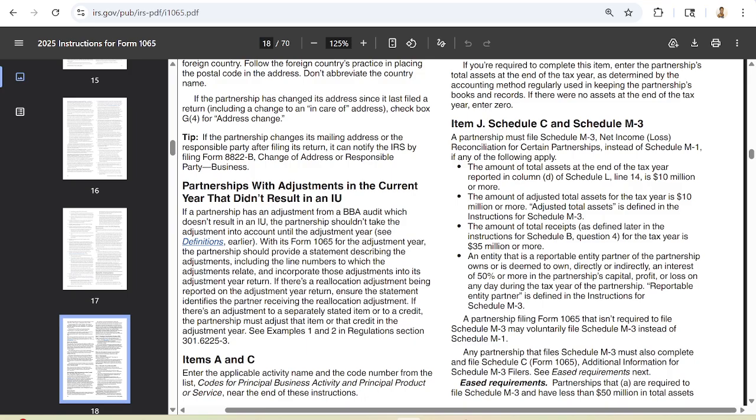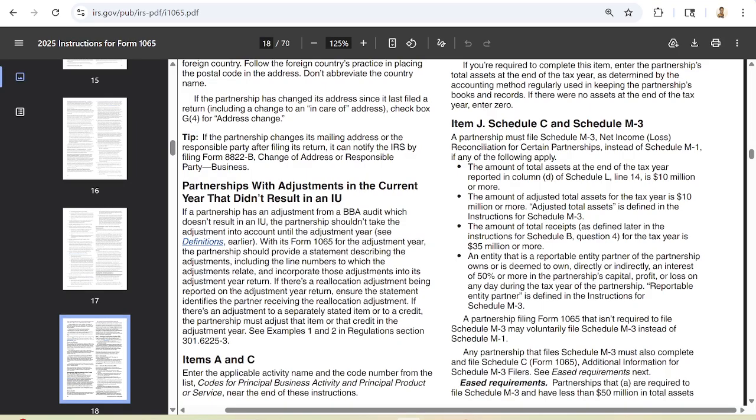But for Schedule M-3, they say if the total assets at the end of the tax year reported on Schedule L, which is a balance sheet, pretty much, if your total assets are 10 million or more, you are required to file Schedule M-3.